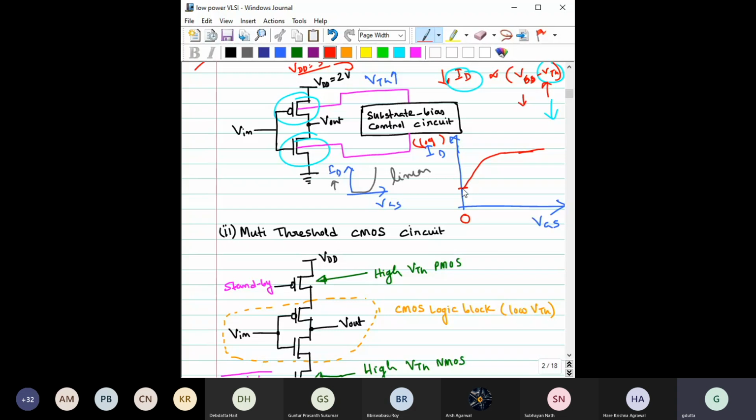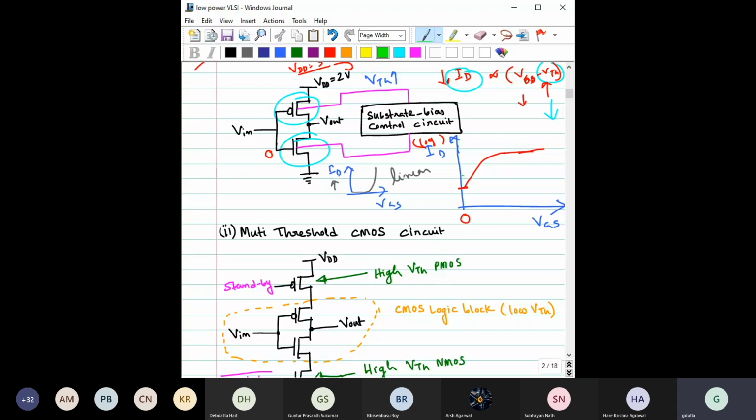You can clearly see that even when VGS equals 0, meaning you have applied 0 voltage to this NMOS, you still have some leakage current. Whenever you have a leakage current, there is power dissipation. The more the leakage current, the more the power dissipation, because VDD is fixed.